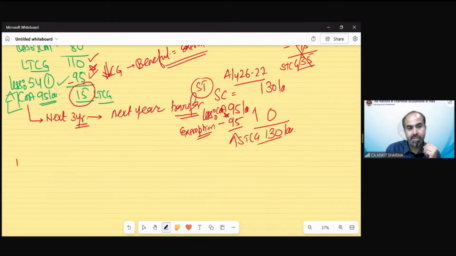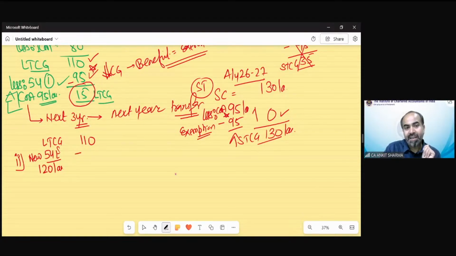Suppose case number 2. You might be thinking, according to this, the cost will always be 0. No, it's not like that. Suppose in the above example, long-term capital gain was 110 lakh, and the new asset you purchased for section 54 exemption, suppose the cost was 120 lakh.